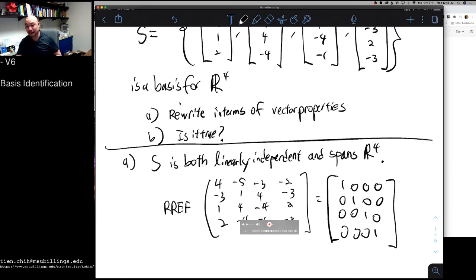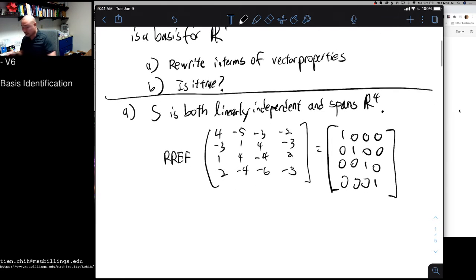Now, let's see what this is telling us. Remember, we want these four vectors, in these four columns, to be both linearly independent and span. And so we have to go back to our previous sections and ask ourselves, if I take the reduced row echelon form of this matrix, do I satisfy both the linear independence and the spanning?